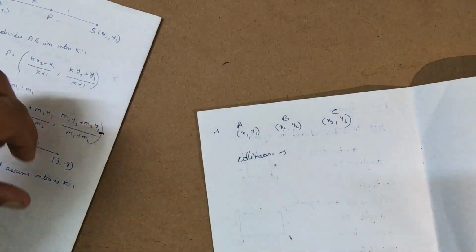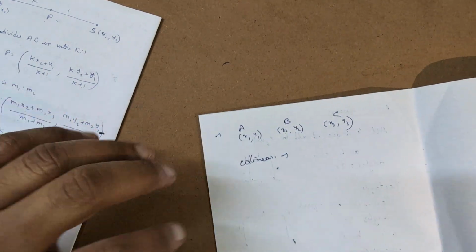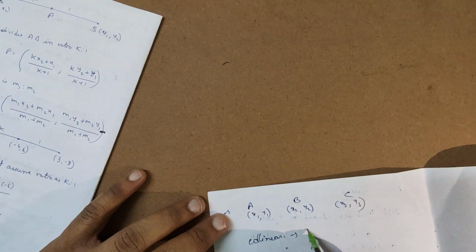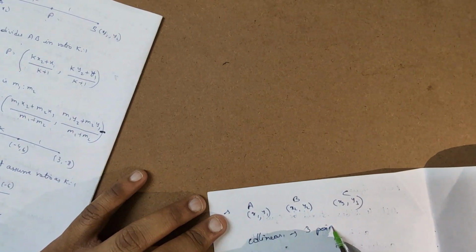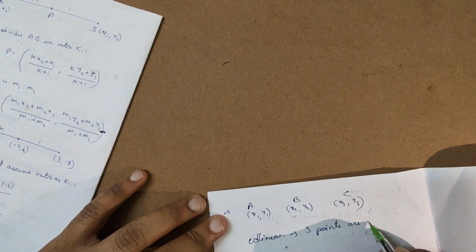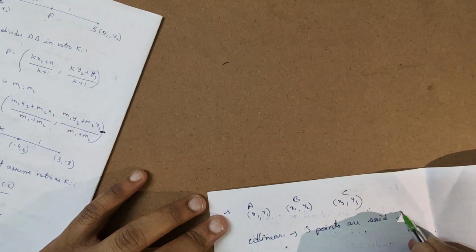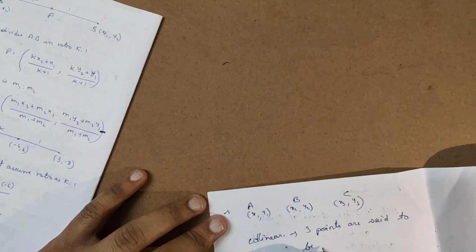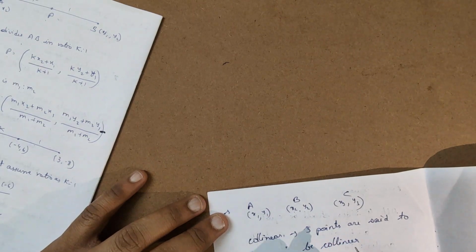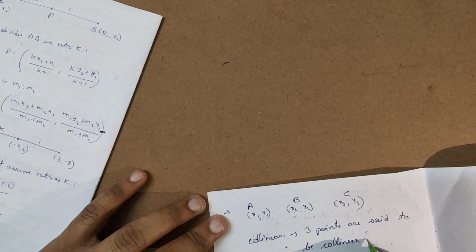Three points are said to be collinear if they are on the same line.